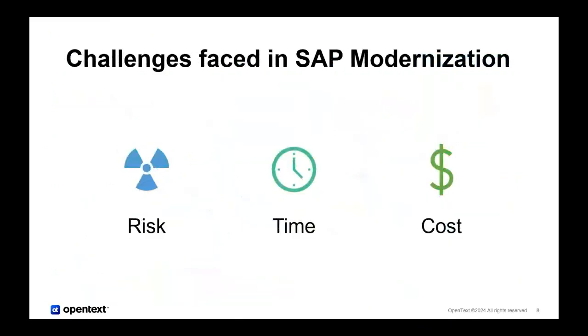Now, earlier in one of the slides, we mentioned some of the considerations. The slide I have here talks about some of the challenges, in the context of how they're faced in SAP modernisation. But these considerations, on the level of risk you're going to take, how much time you have to apply, and the cost you're going to put in, are really an age-old argument that has existed throughout the phases of software development.